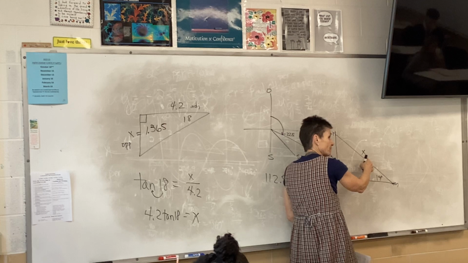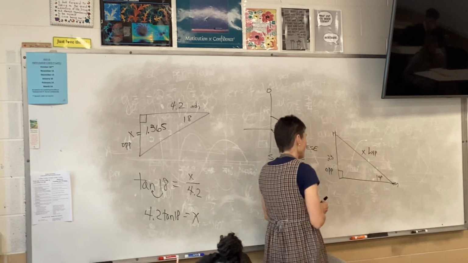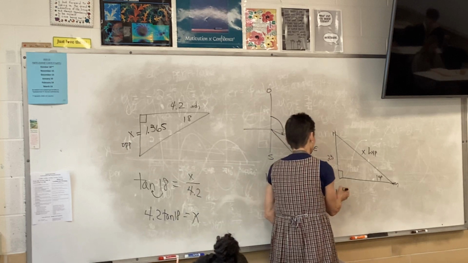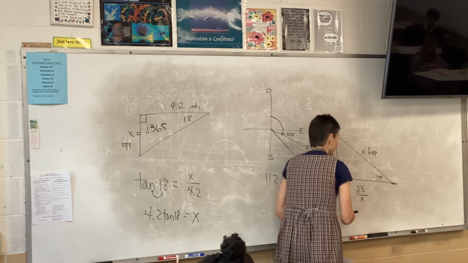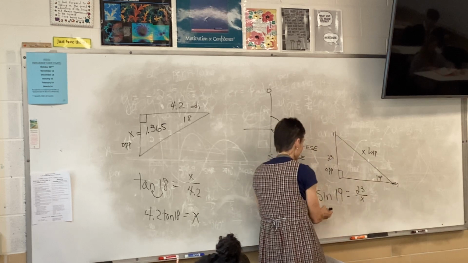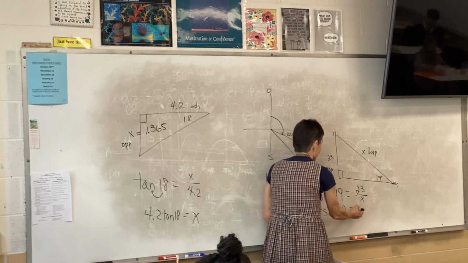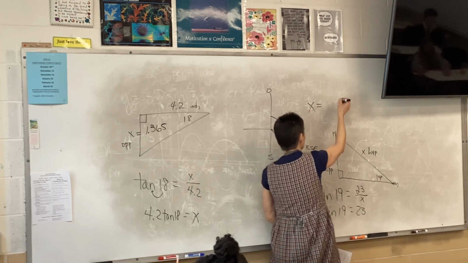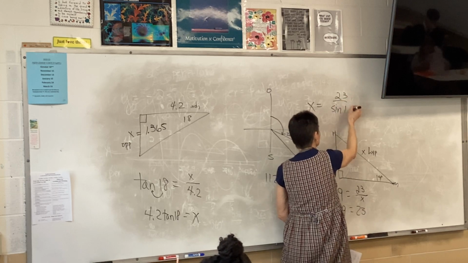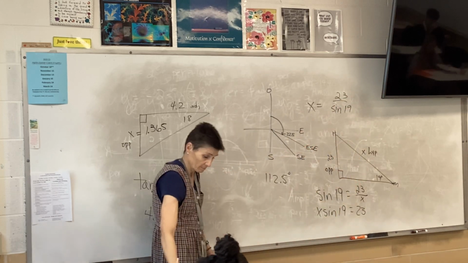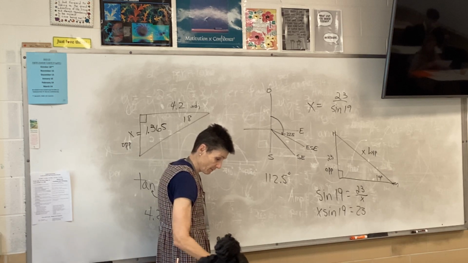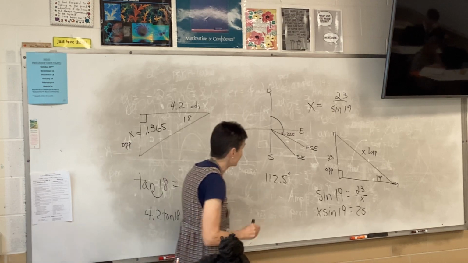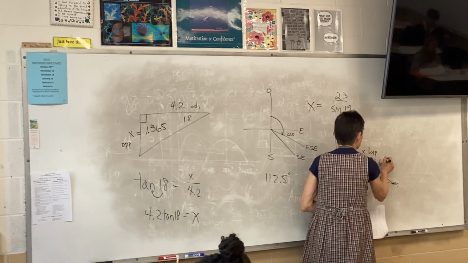If I'm doing opposite and hypotenuse, I will use sine. So sine 19 equals 23 over x. Get rid of my fraction and divide. So x is going to end up being 23 over sine 19. So 23 divided by sine 19 is 70.646. So 70.646 meters.